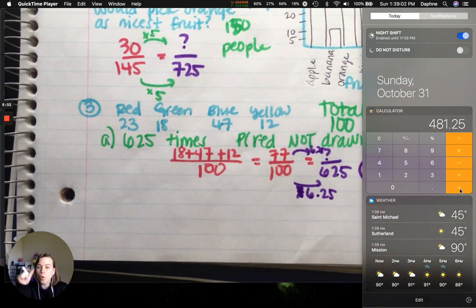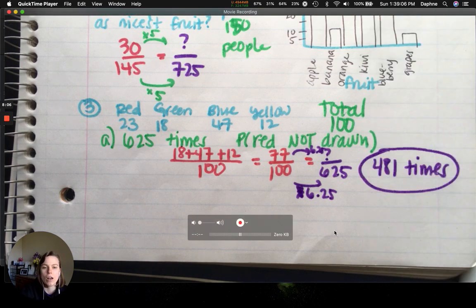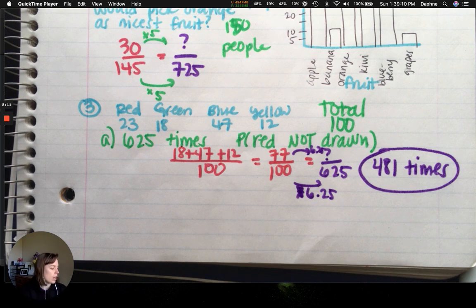Because that extra quarter, that 0.25, is not enough for me to round up. So I would assume about 481 times that I draw a not red. If I'm pulling a marble 625 times, are you going to do that? Does that make sense? No. That's why we're predicting, because no one's going to sit there for 625 times and just draw.